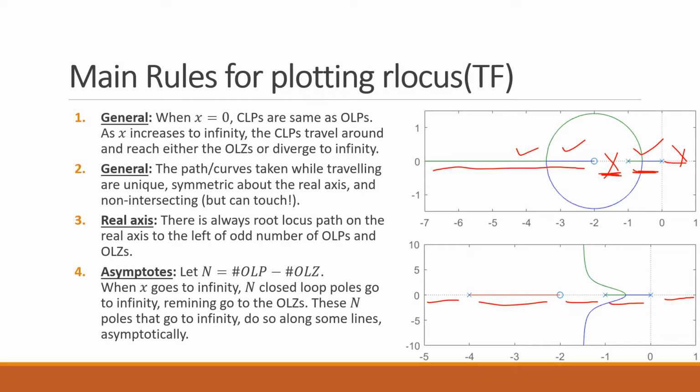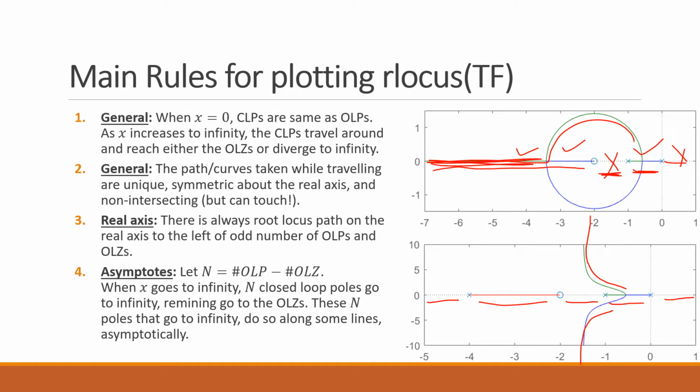For example, the green pole over here goes towards infinity following a particular line, and that's the asymptotic line. Similarly, the green pole over here goes towards infinity by following a vertical line, and the blue pole over here goes towards infinity by following a vertical line.